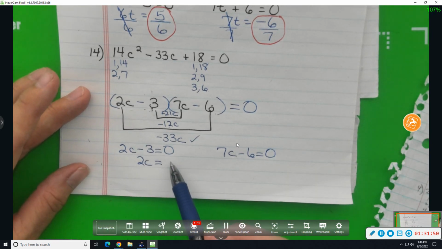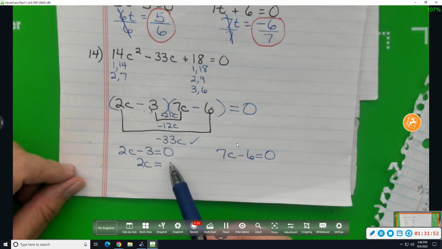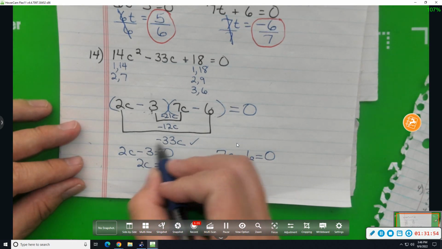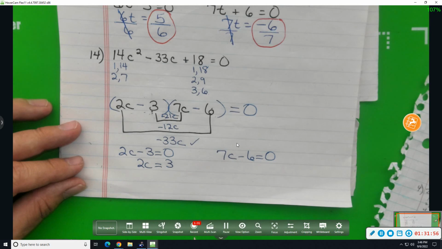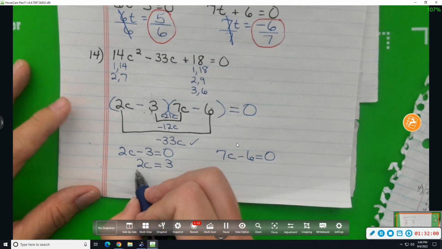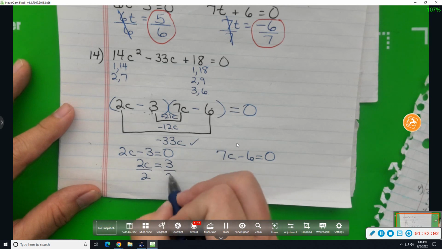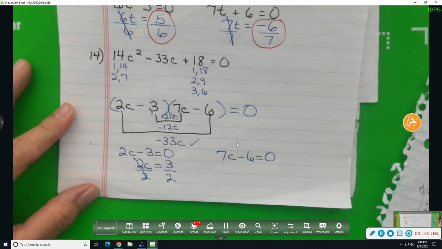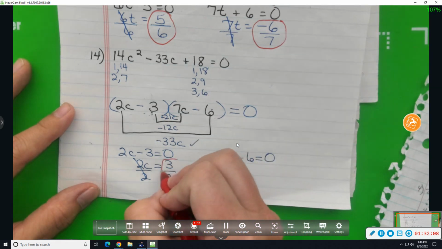What are we going to have here on the right side? 3. Move that negative 3 over, it becomes a positive 3. And then divide by 2, so it's C equals 3 over 2. Okay, I agree. So 3 over 2 is my first solution that I found.